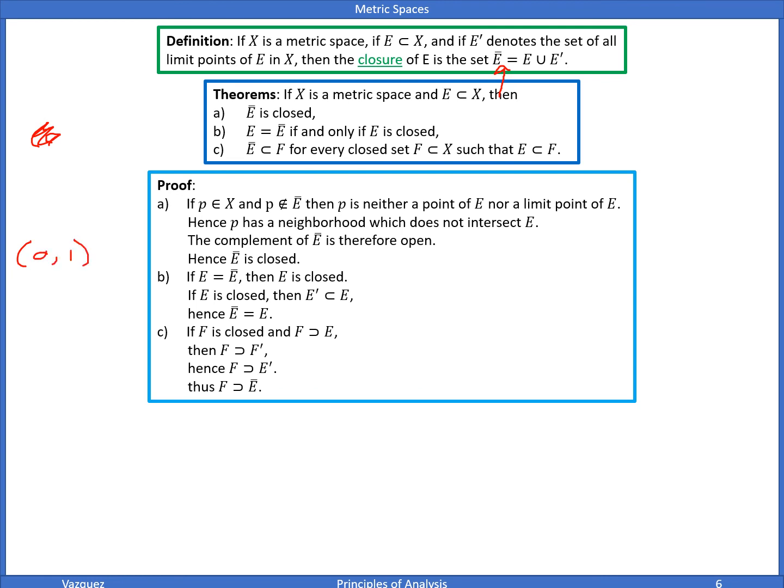(0, 1) on a plane would look something like this, where 1 is right here. That's an open dot, open dot. So on the real line, that's an open set. All right, I'll draw it on the real line over here.